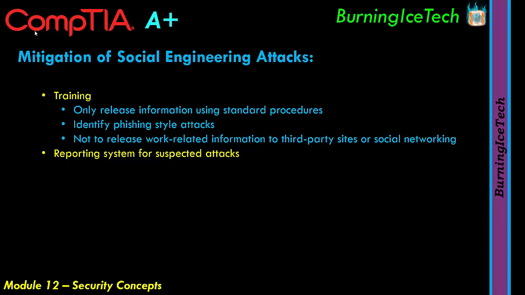The last one is not to release work-related information to third-party sites or social networking. Absolutely not, unless you've been explicitly granted permission to do so, or unless you've been explicitly instructed to do so by your company or a manager of some kind. You should absolutely not mention any work-related information on any form of third-party or social networking websites. Whether it's a security concern or not, it's just bad for your company or for your brand.